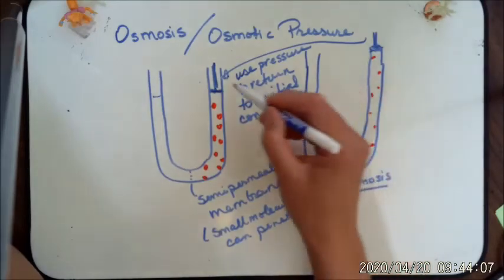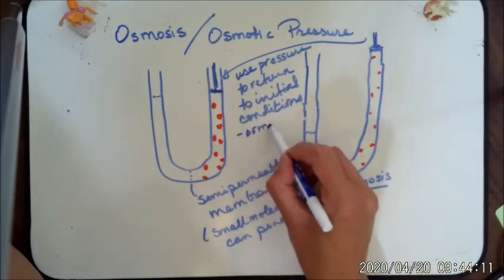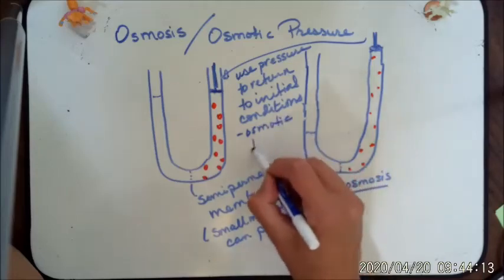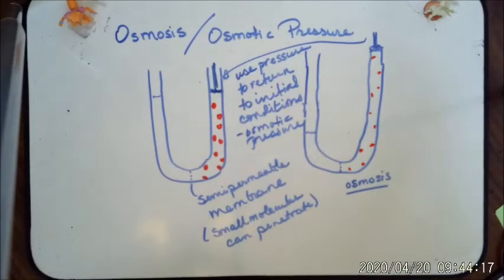That pressure that you had to apply is called osmotic pressure. That's what osmotic pressure is: the amount of pressure you need to get back to initial conditions when you have two sides across a semi-permeable membrane that have different concentrations.